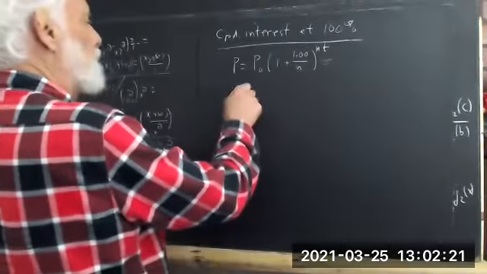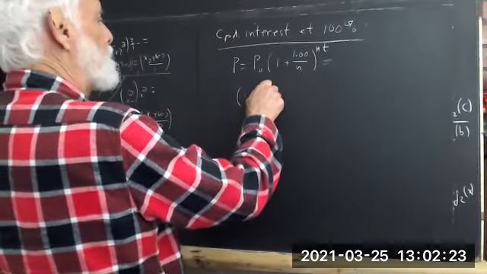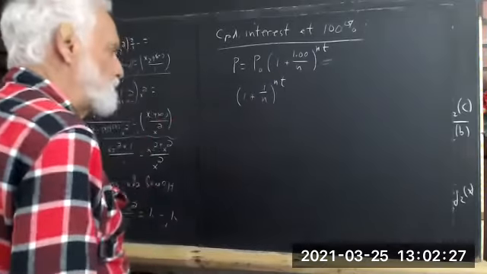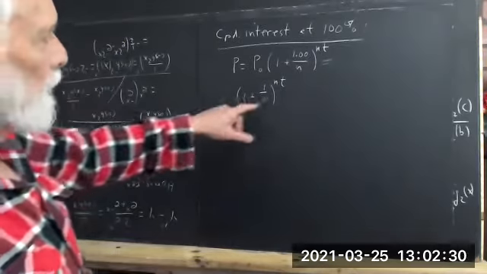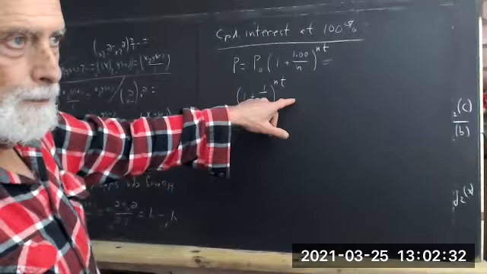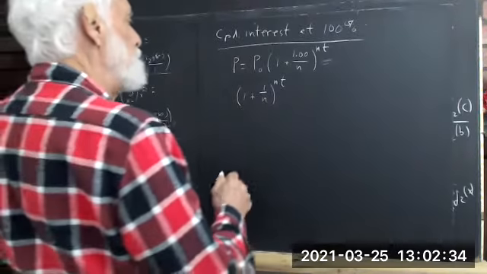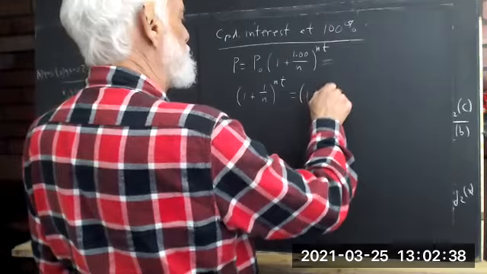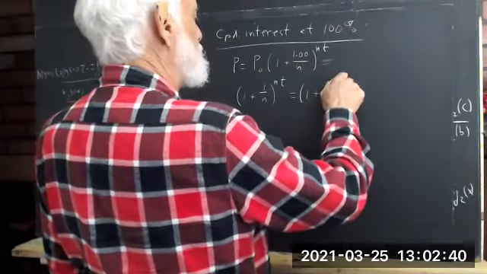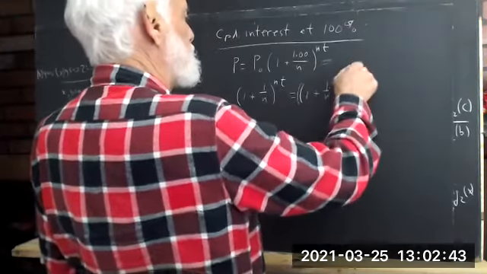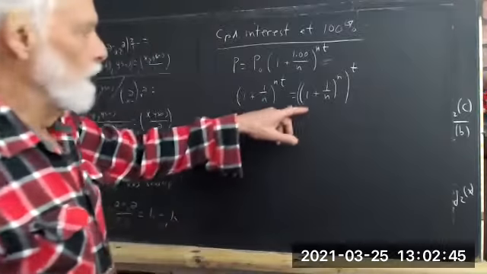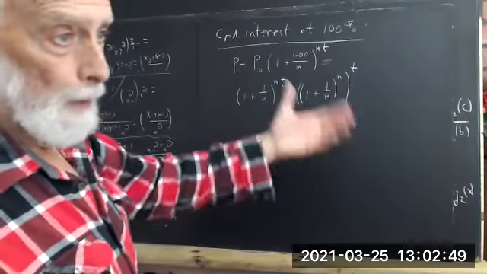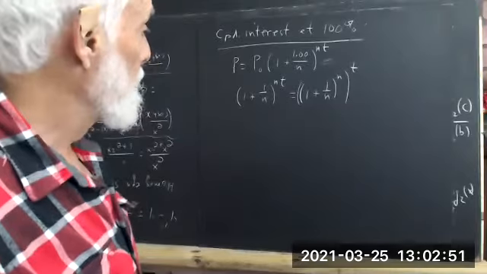And let's just write this now, 1 plus 1 over n to the nt is quantity 1 plus 1 over n raised to the n raised to the t power by the rules for exponents.